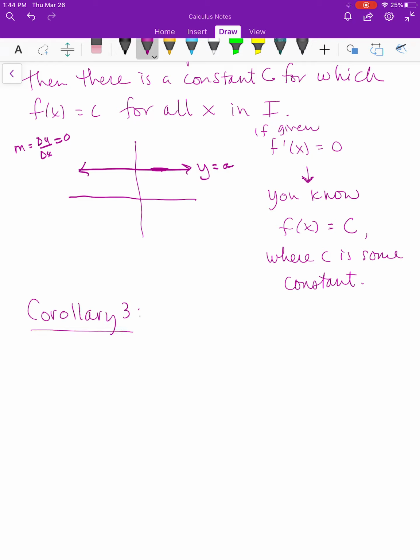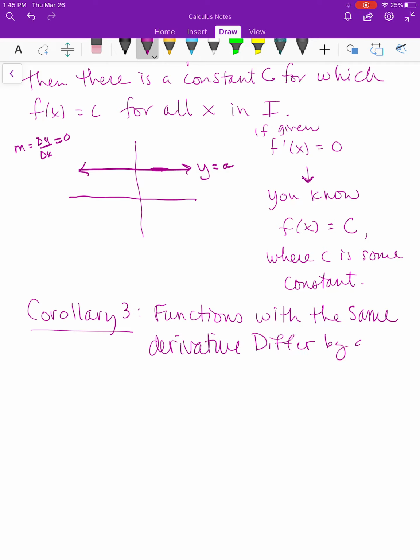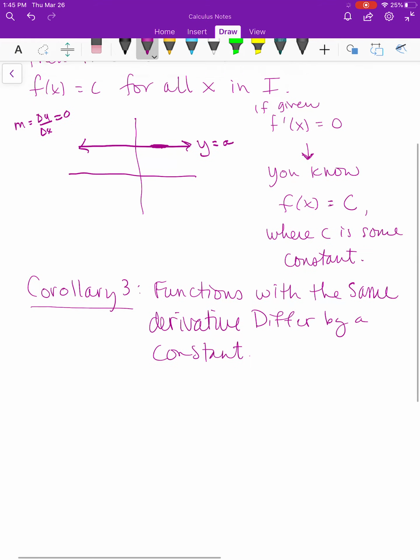When we do this, we also have corollary 3. Before we start getting into explanations, our corollary 3: functions with the same derivative differ by a constant.